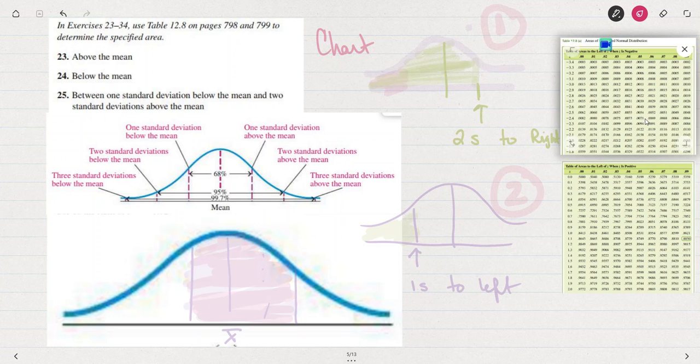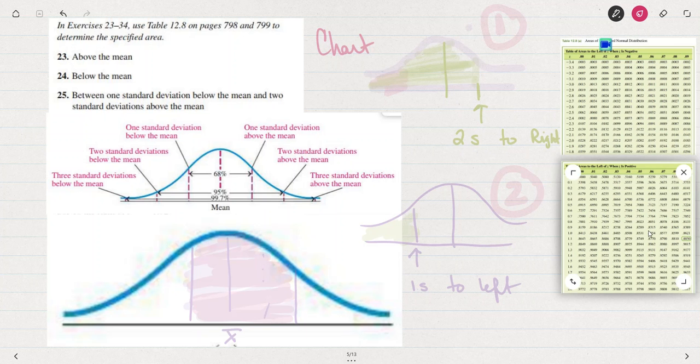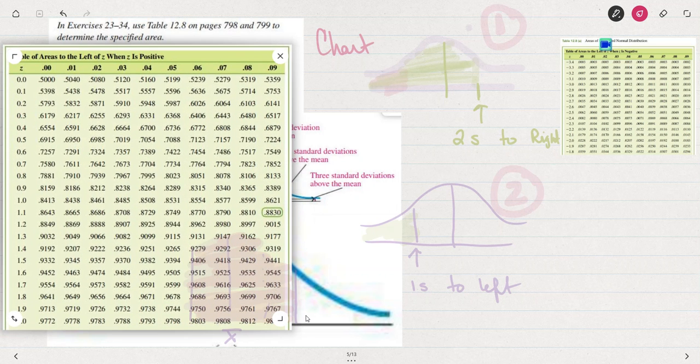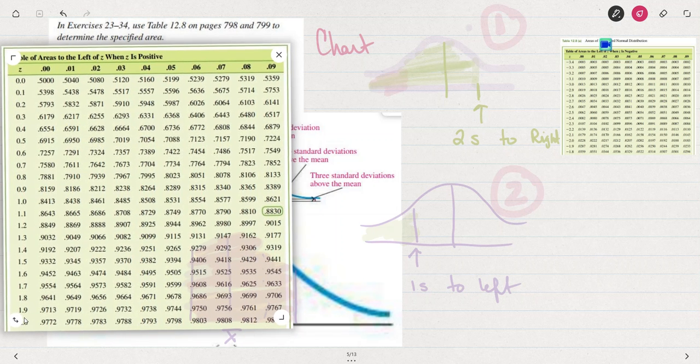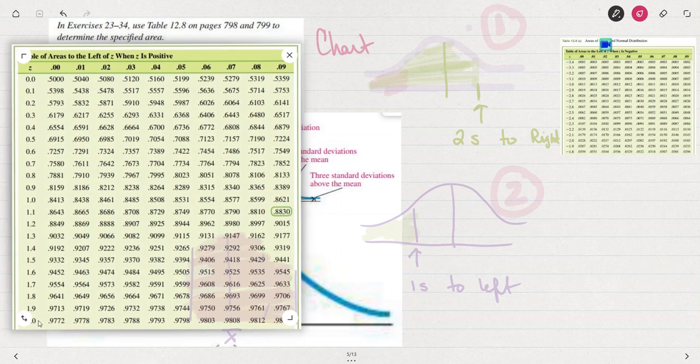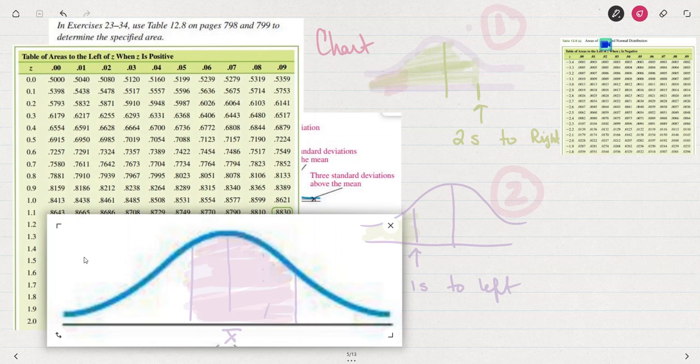So that is going to be, we want 2 standard deviations. I'm sorry, you can't see it because there's this little icon here, but if you can trust me that this is the 2.